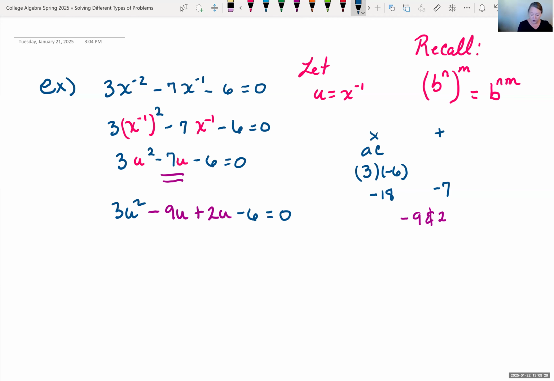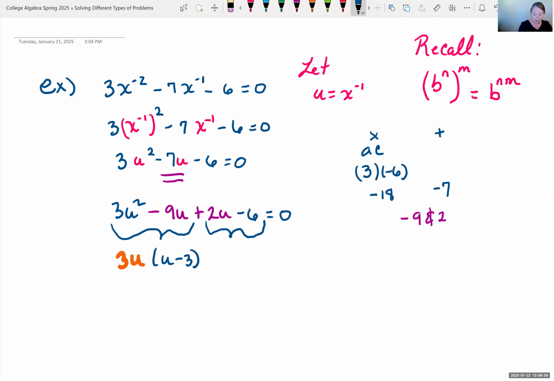Once we rewrote the middle term using those two numbers we found, we did factoring by grouping. So we've grouped the first two terms together, and we grouped the last two terms together. And so factoring out what we have in common with 3u squared minus 9u, I notice they both have a 3 in common and a u in common. So I'm going to factor out a 3u from both of those terms. Doing so, we're left with u minus 3 from the first two terms.